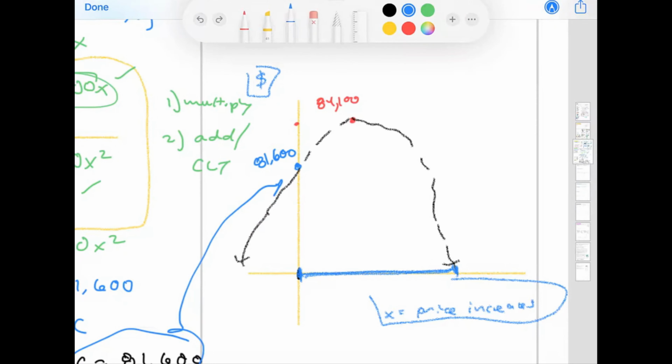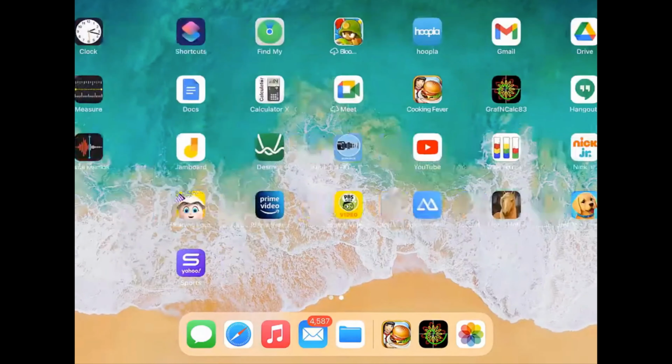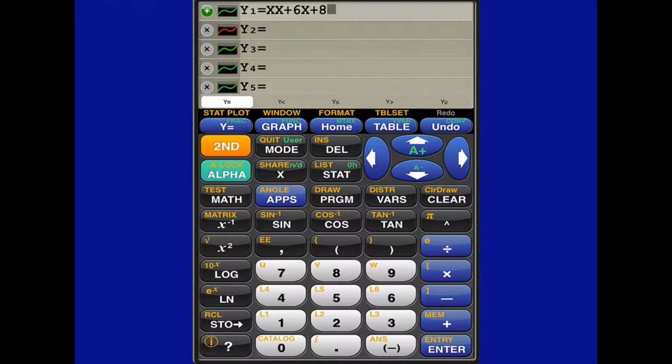So to get that number, it's okay if you don't do this part. It helps explain why we don't have that number. I'm going to put in that formula: negative 100 x squared plus 1000 x plus 81,600.